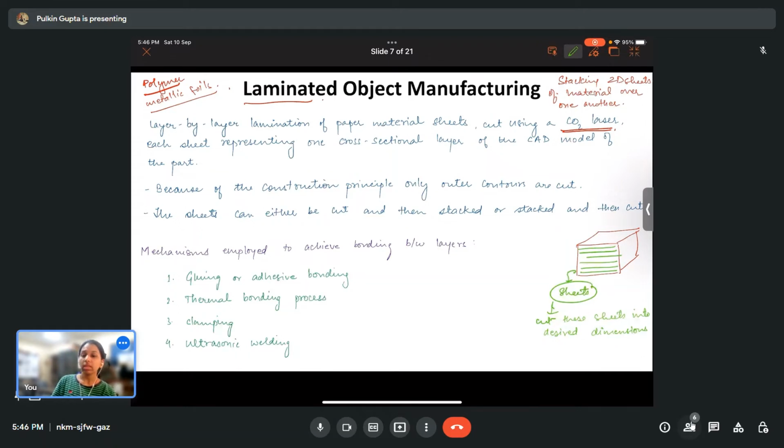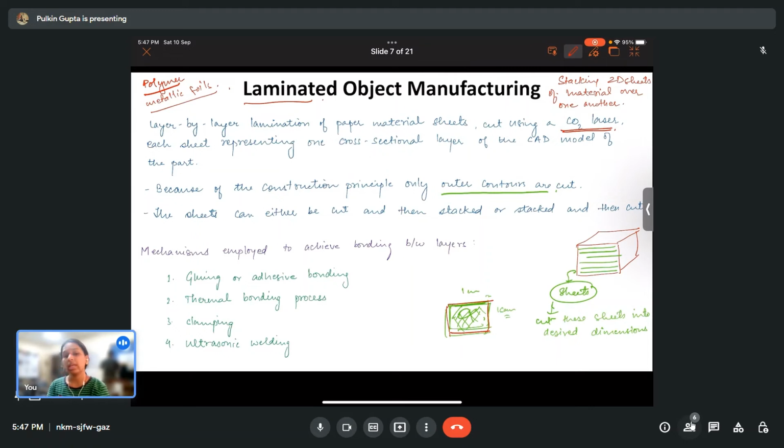Because of the construction principle, only the outer contours are cut. For example, for one of the layers you need to cut a square cross section of say 1 centimeter by 1 centimeter. Only the outer contour will be cut using the laser, and nothing will be done in the internal area. Now there are two methods.